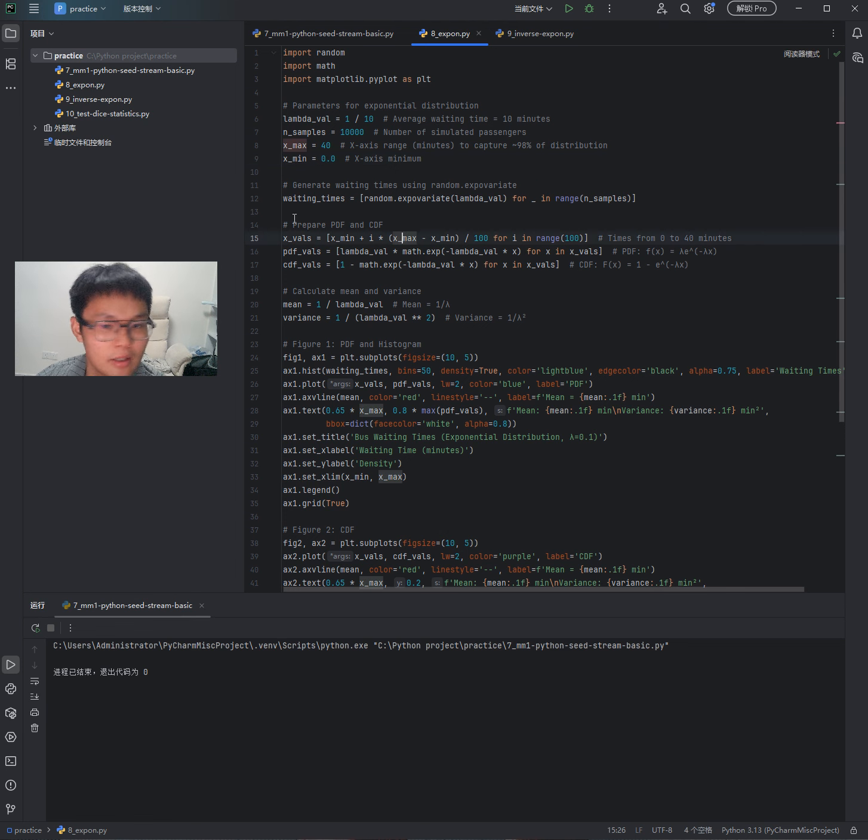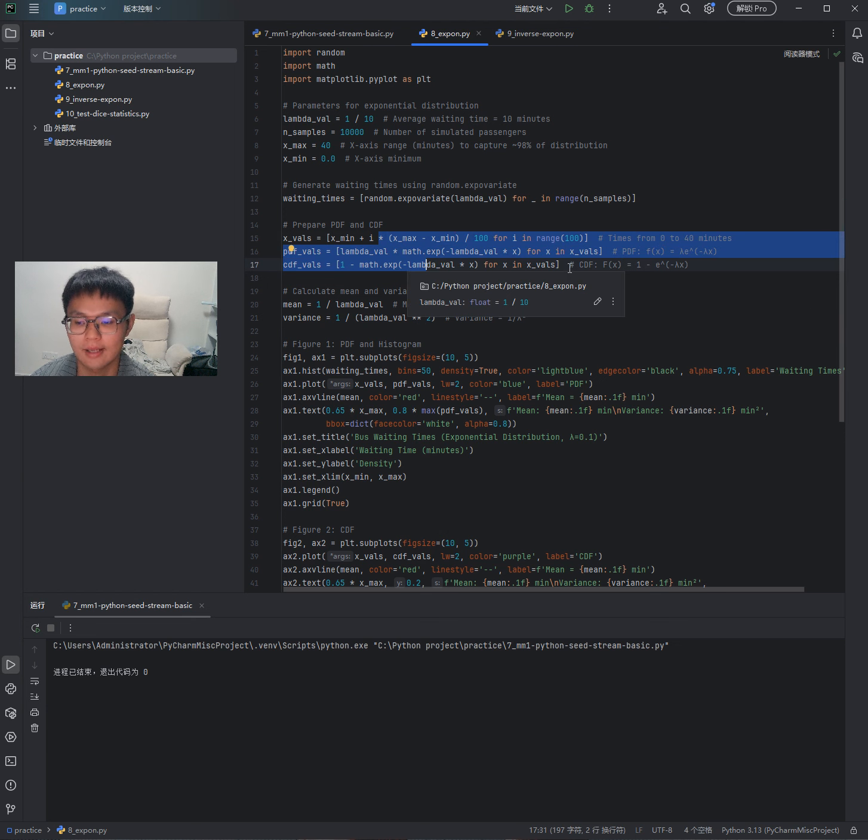And then here we calculate the probability density function, the PDF, and the cumulative distribution function, the CDF. The PDF shows the density for different wait times. The CDF shows the probability that a wait is less than or equal to a certain value.